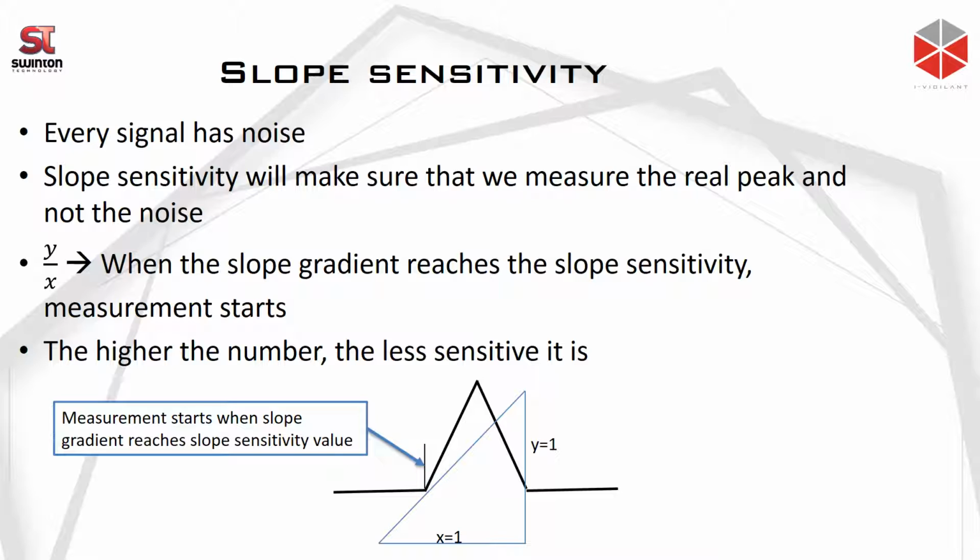So the measurement will start when you see this particular line, and only starts when the gradient reaches the slope sensitivity value. And the higher the number of the slope sensitivity, the less sensitive it is to the peak. So it will reduce the noise basically.